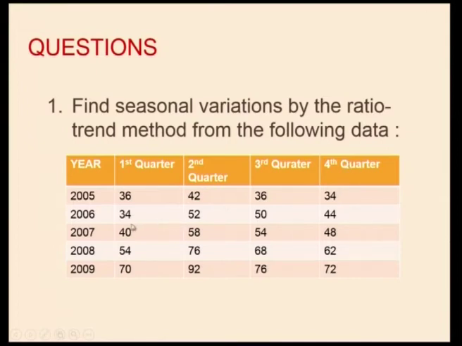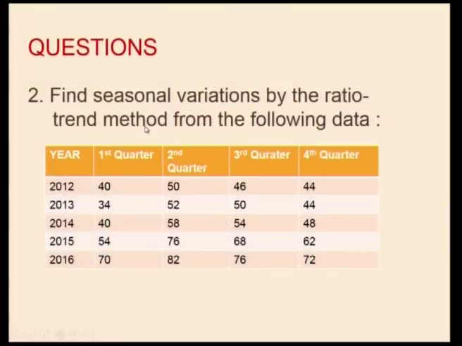For 2006, 34 for the first quarter, second quarter 52, and the last fourth quarter 44. Similarly, for 2009 we have first quarter 70, second quarter 92, third quarter 76, and fourth quarter 72.